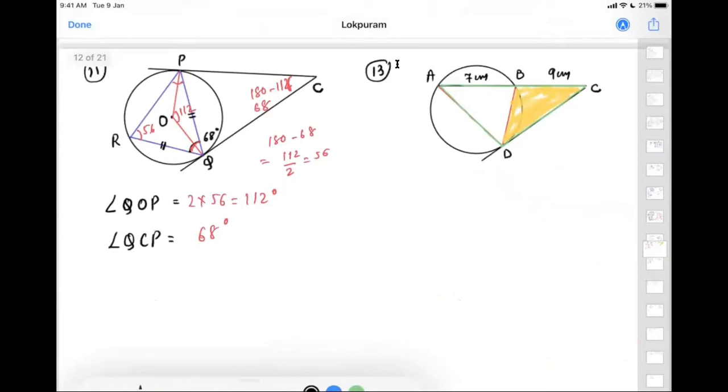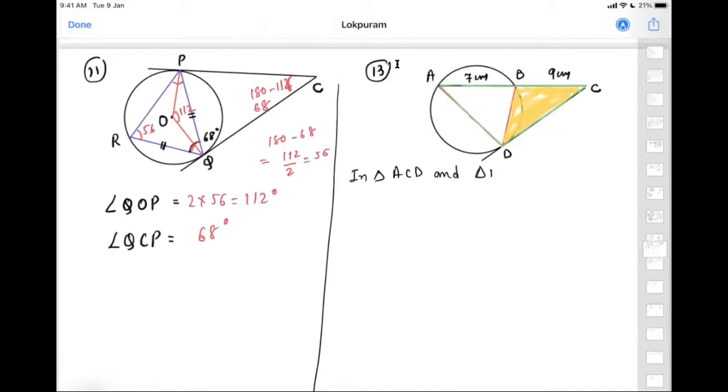So we can take triangle ACD and triangle DCB. We can say this angle is equal to this angle in an alternate segment. First let us write the common angle. Angle ACD is equal to angle DCB, common angle.